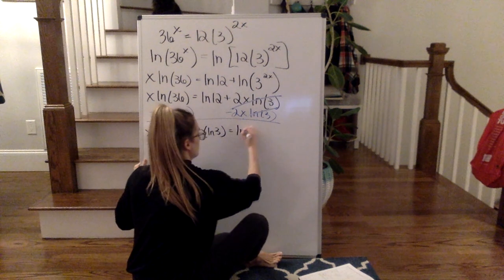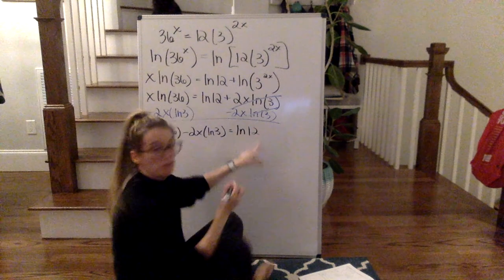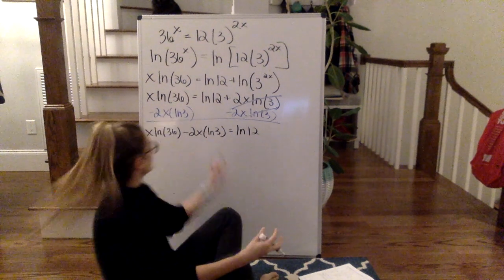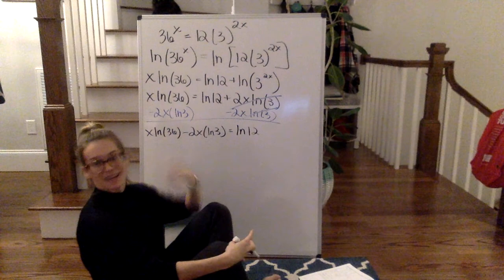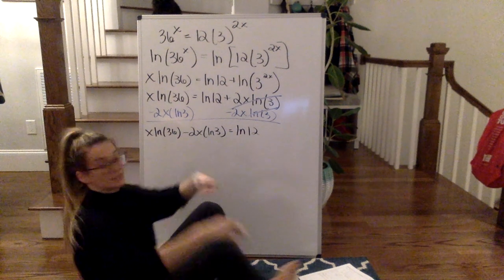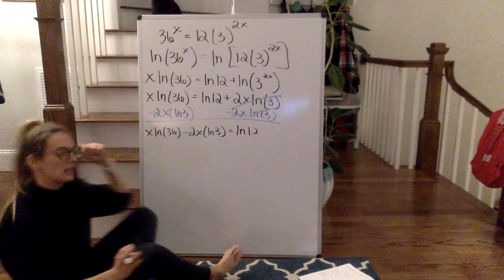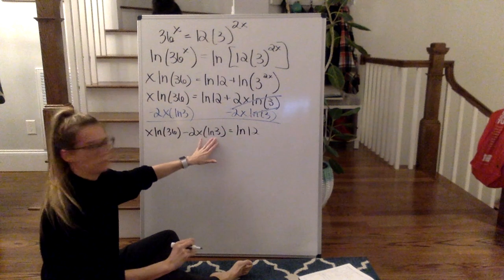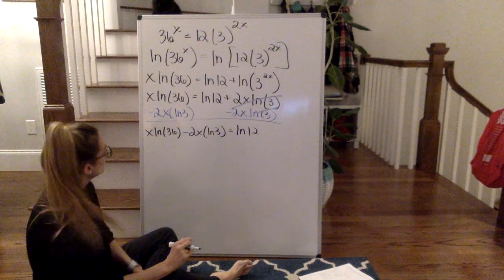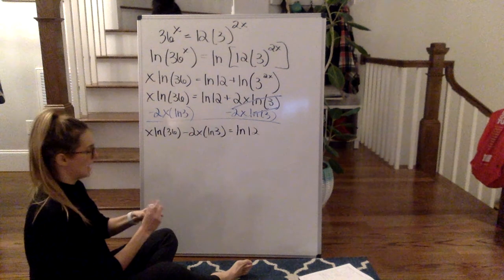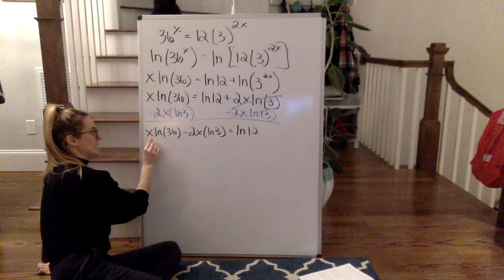Now, something to remember is that the ln of 12, that's just a number. Similarly, the ln of 3 is just a number. The ln of 36 is just a number, all right? So we're really dealing with exact values of numbers here. But now what I'm seeing on the left-hand side is that here's one term that has an x in it.